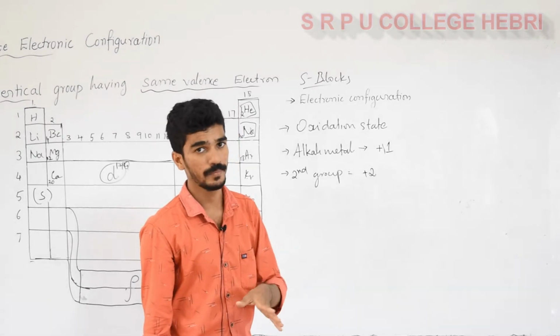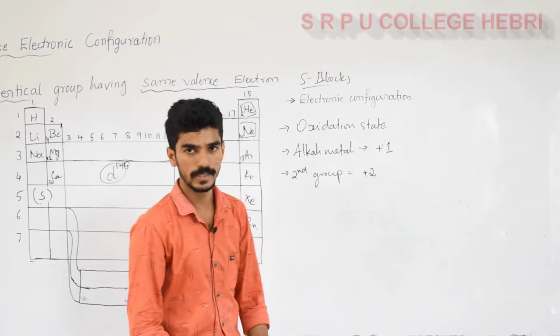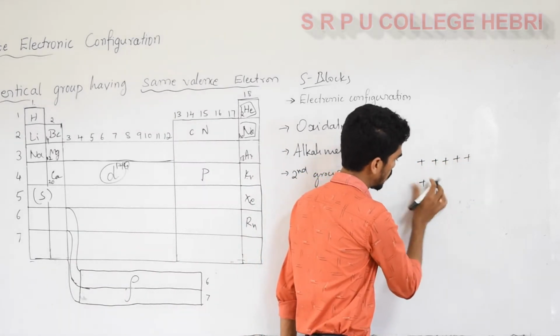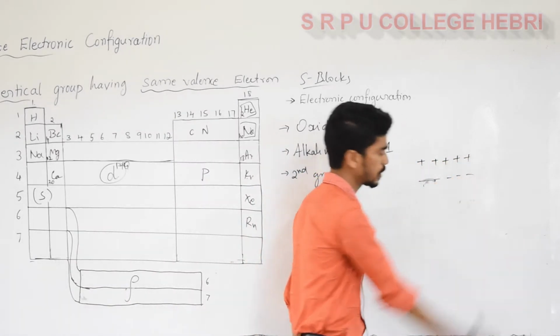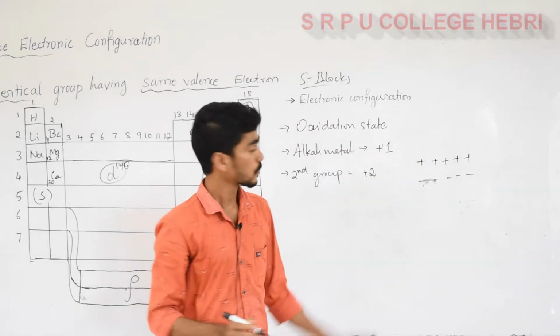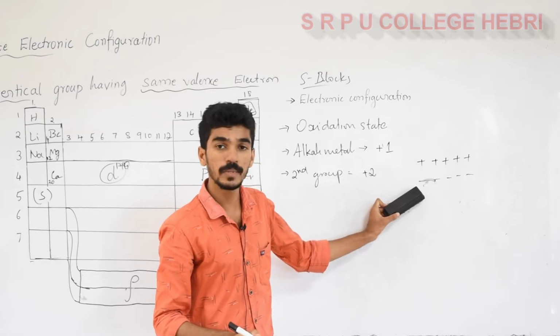Why did it come? Here, +1 indicates, for example, there are 5 positive charges and 5 negative charges. Positive charges are protons and negative charges are electrons.